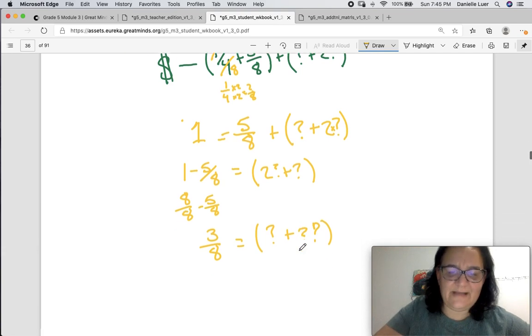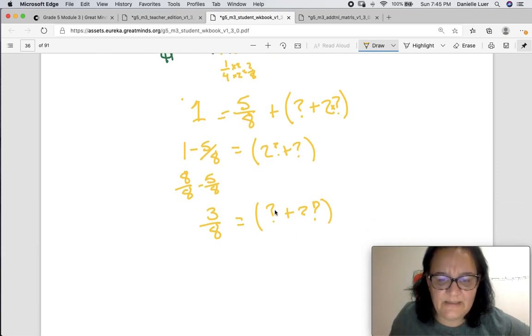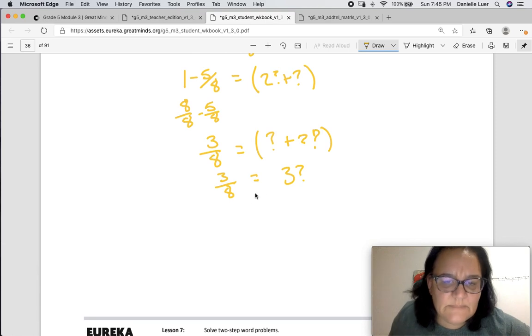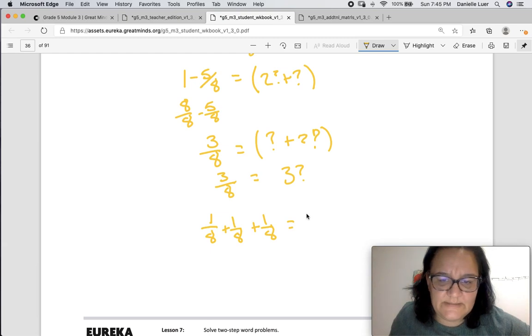So really what we've got here is 3 times a number that we don't understand. So let's divide both of those by 3. That would be 1/8 plus 1/8 plus 1/8 equals, this would be the gift, and that would be the comic books.